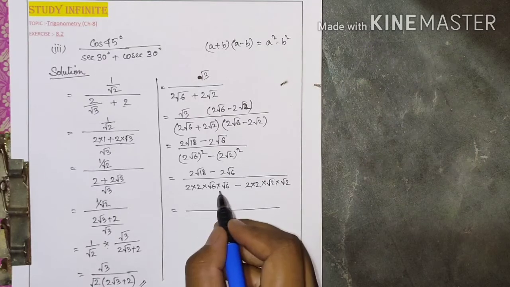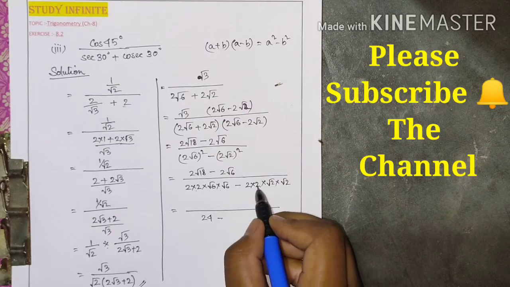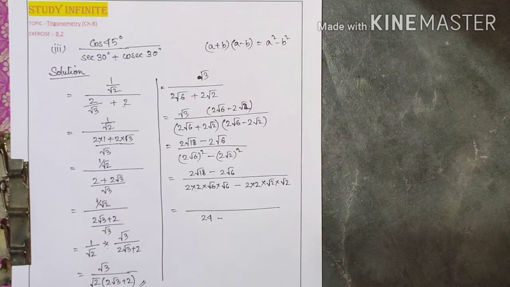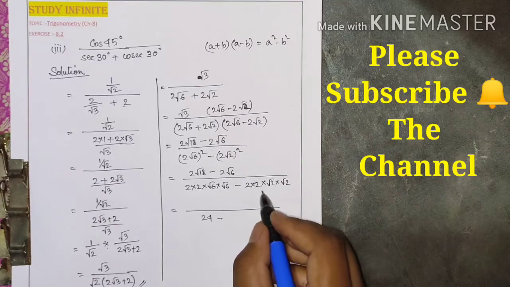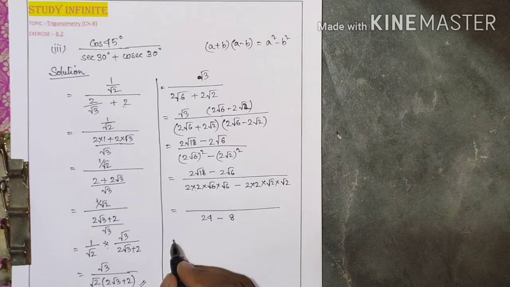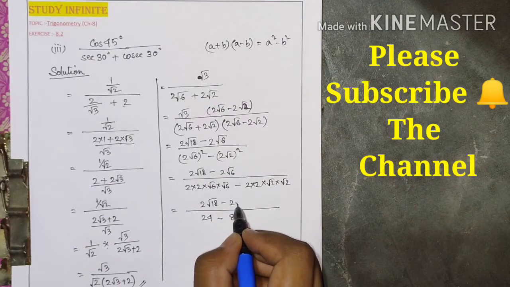So 4 into 6 is 24, minus 2 into 2 is 4 and root 2 into root 2 is 2. So 4 times 2 is 8. And here 2 root 18 minus 2 root 6.